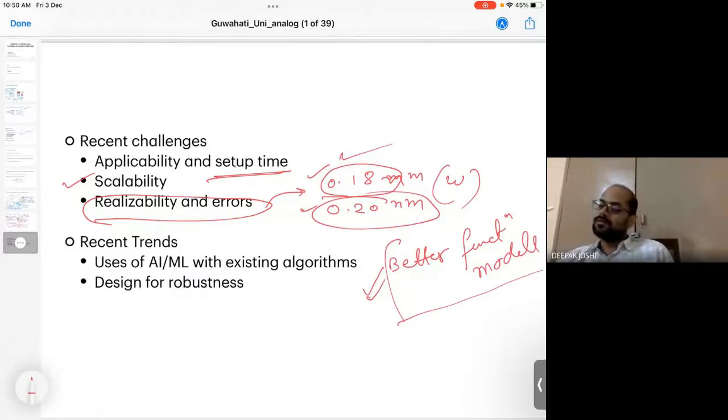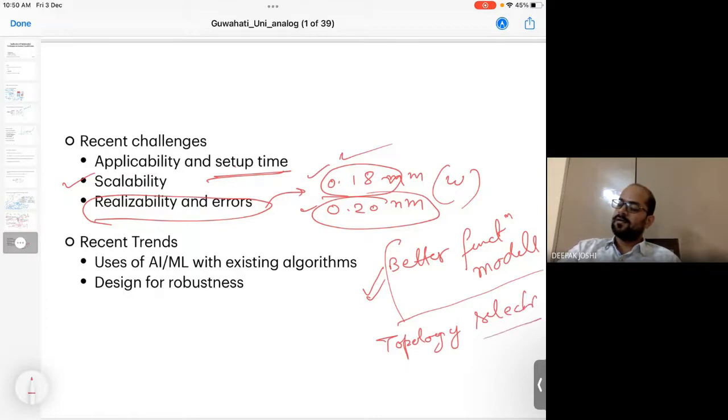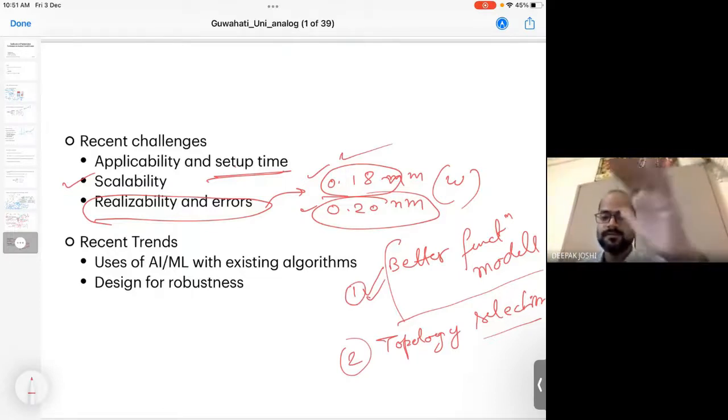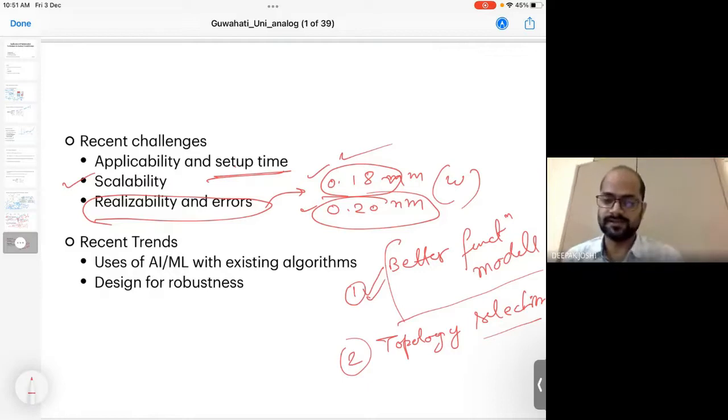The other way is topology selection. If a certain specification is given, we can train our model in such a way that it can select the topology.